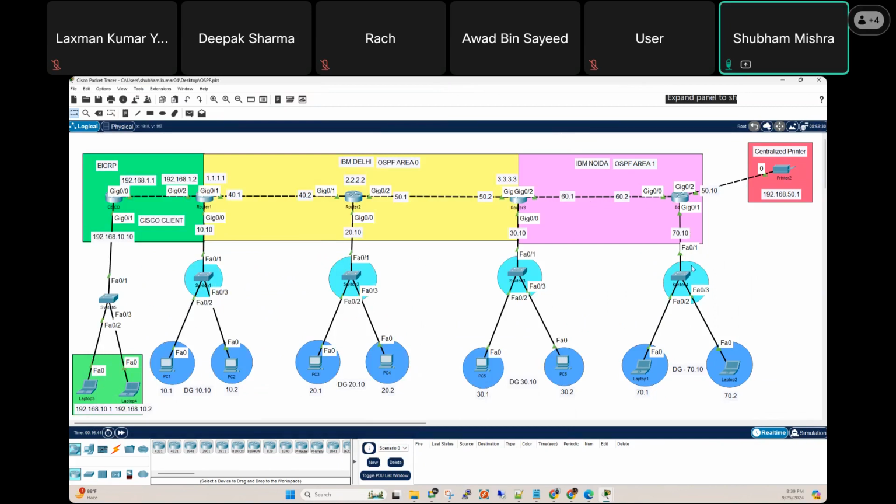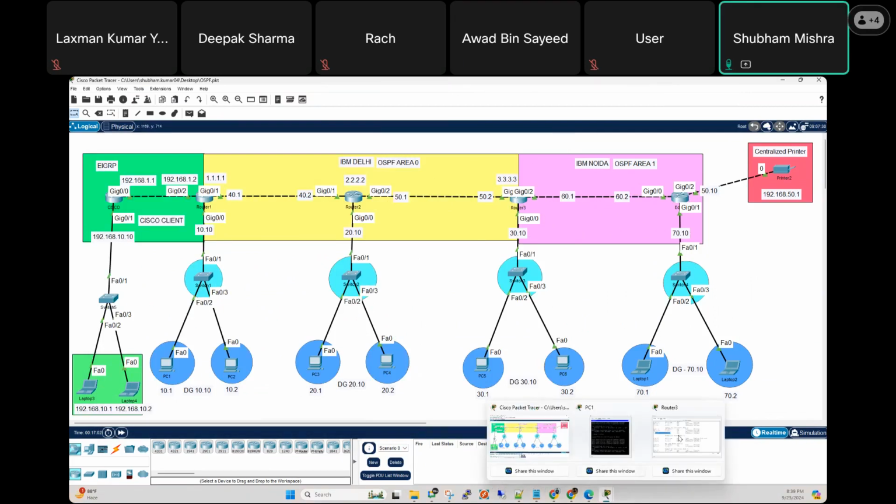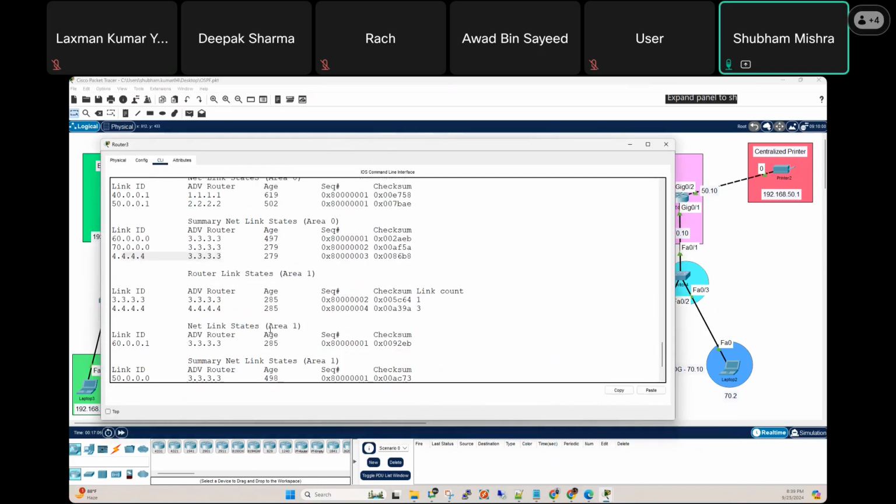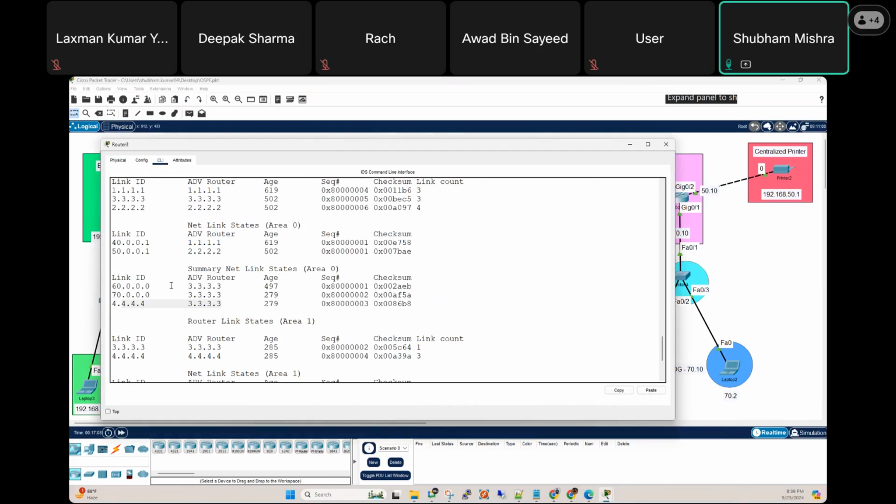This network information is in which area? Area 1. These are already part of area 1. So the ABR router will share these network information in area 0. That's the reason you are able to see them in the database table in area number 0.